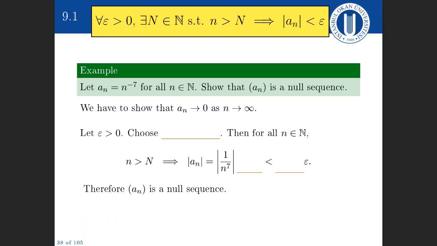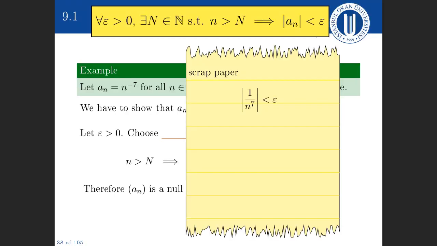So I need my scrap paper again. Let's start with what we want. I want to have that the absolute value of 1 over n to the power 7 is less than epsilon. n is a natural number. All the natural numbers are positive.